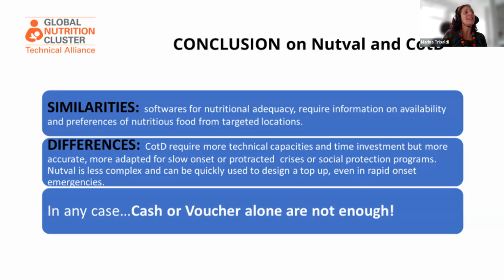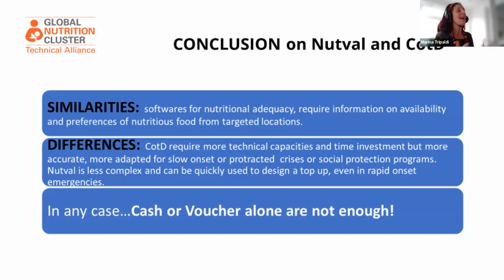The NUTVAL is less complex, so it might be quicker to learn how to use it, and it can be very handy to quickly design a top-up CVA assistance transfer value. There are many questions that came up from the Q&A on this.